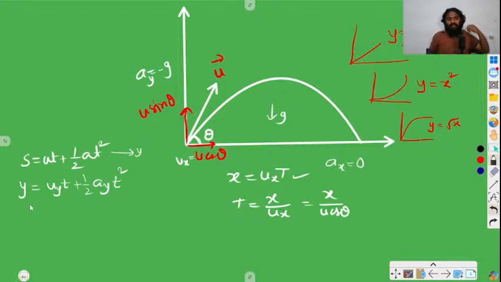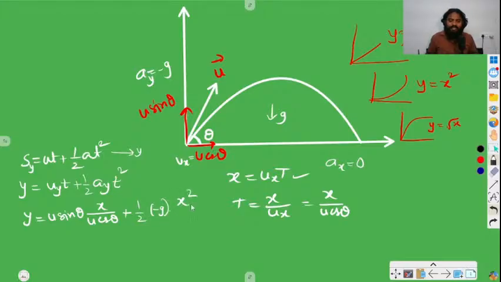Now here the displacement along the y-axis: y is equal to uy t plus half ay t square. So y is equal to uy, in the sense u sin theta, and t in the sense x by u cos theta, plus half minus g, ay is nothing but minus g, t square in the sense x square by u square cos square theta, right?